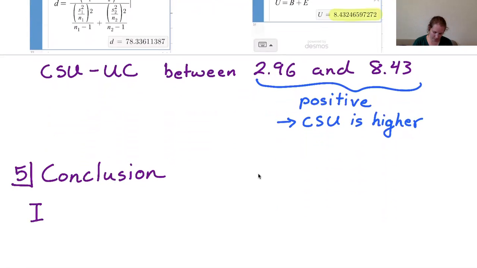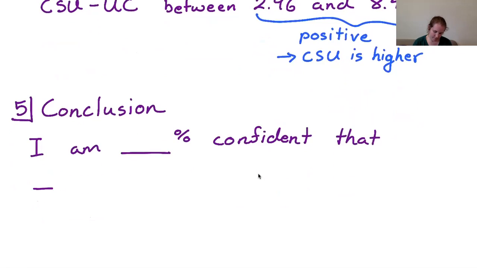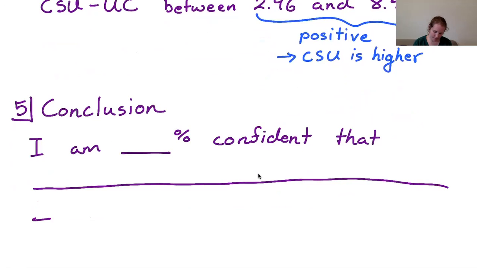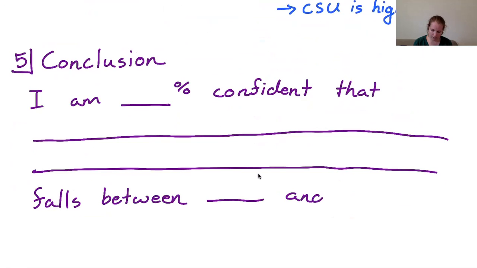we have: I am blank % confident that blank falls between blank and blank. We are going to do the very generic sentence first, and then we'll write it in a format that maybe would make more sense to people not familiar with statistics.